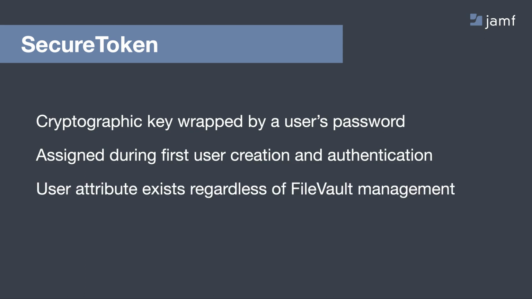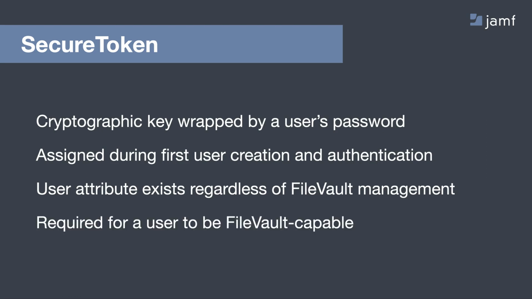And that attribute, that cryptographic piece, exists regardless of if FileVault is being managed or not. So it's important to know in your deployment workflow, even if you've never managed FileVault before and you're looking at doing it now, it's important to know which users have tokens. And as mentioned before, this is required for FileVault management.